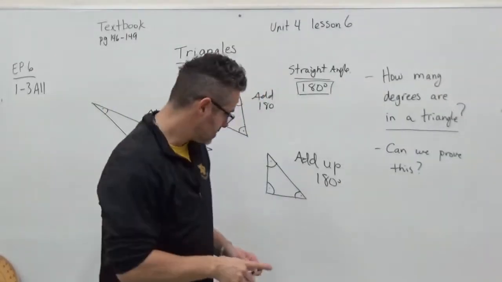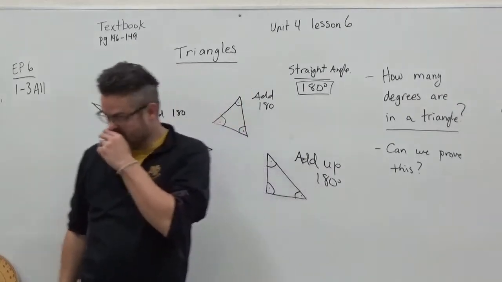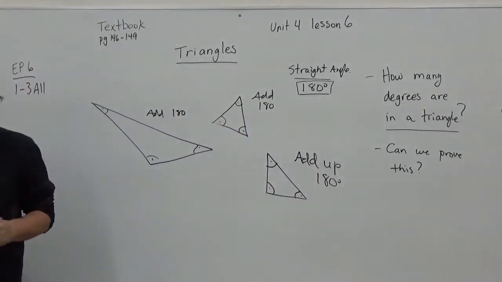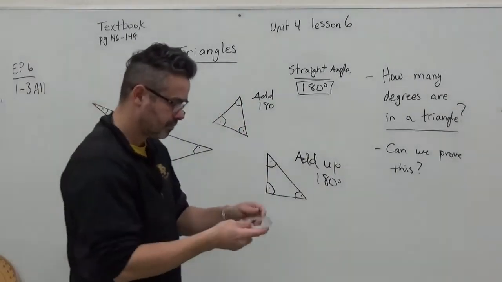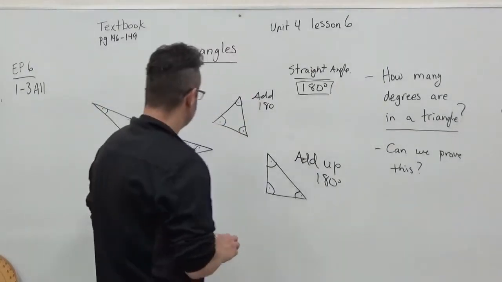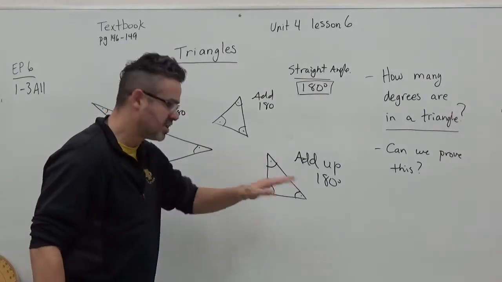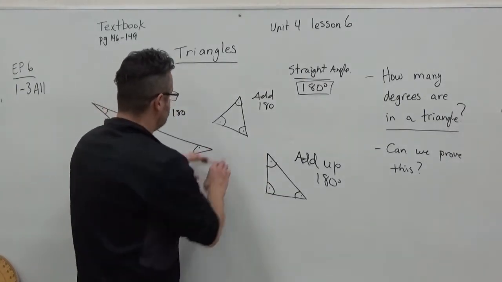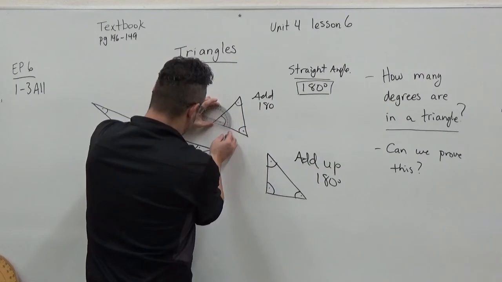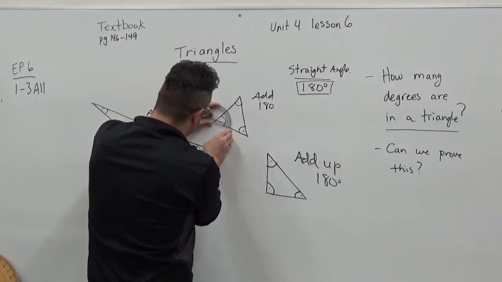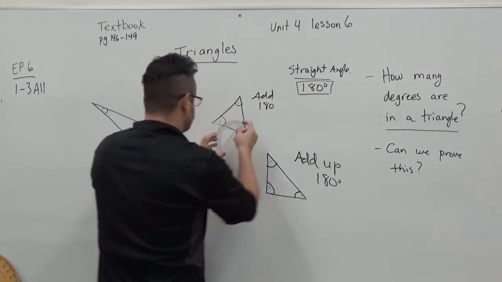Well, I guess there's only one more thing we can do to help prove this to you, and that is use a protractor, and let's measure some of these. Now, the only little thing with my triangles here is my lines aren't perfectly straight. So I'm assuming I'm going to add up real close to 180, if not get right on. So that one's 60.